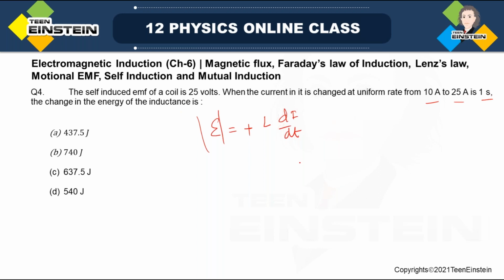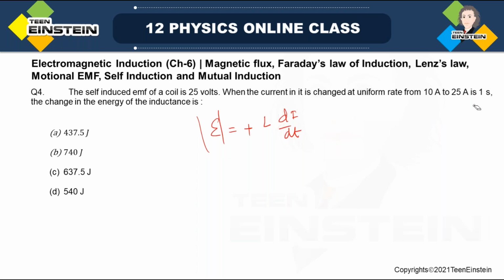You know there is an inductor coil through which the current is changing from 10 ampere to 20 ampere, and the self-induced EMF of the coil is given. Then when the current changes like this, what is the change in the energy associated with the inductor coil?